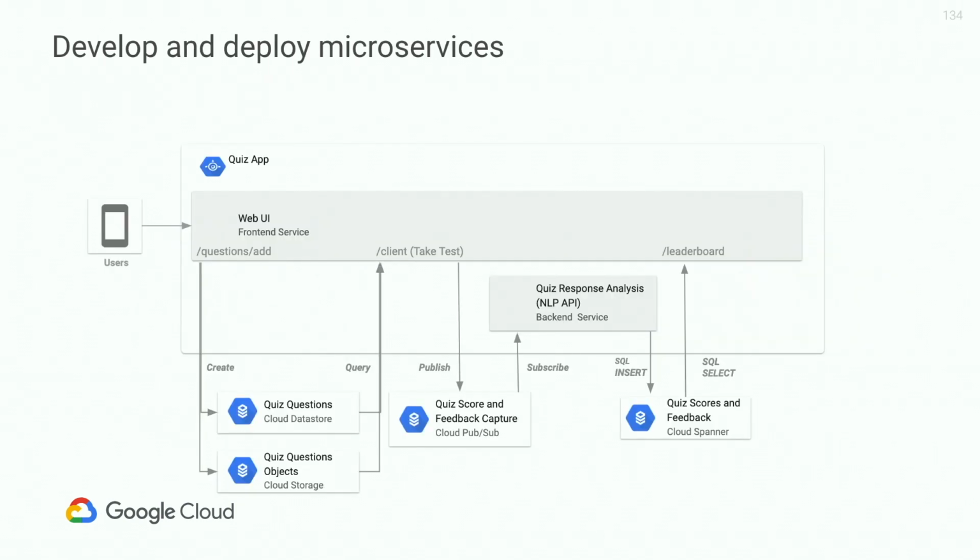This is another architecture of how you can think of using App Engine to deploy microservice applications. In the chart, you will see there are two services. We have a front-end service, which is a web UI, and we have a back-end service that serves NLP jobs. In the front-end service, there are three pages.